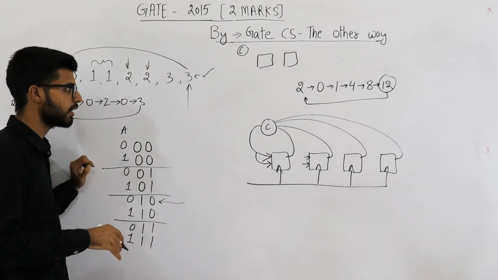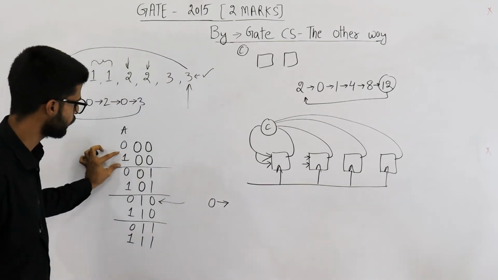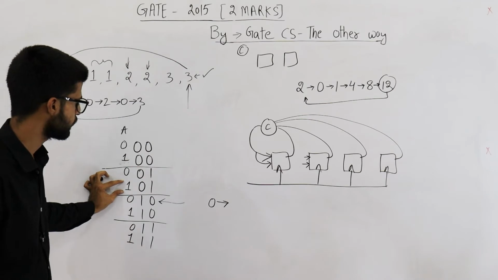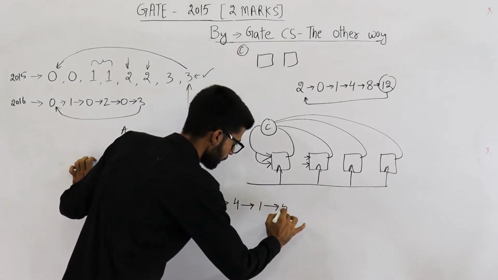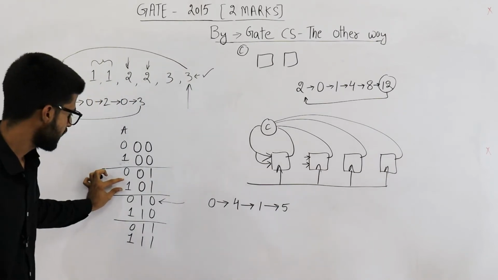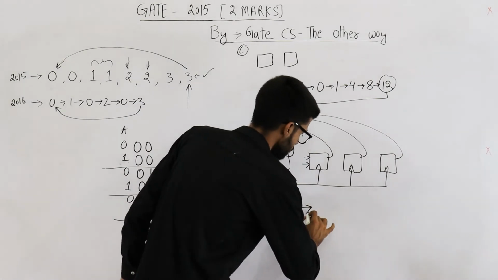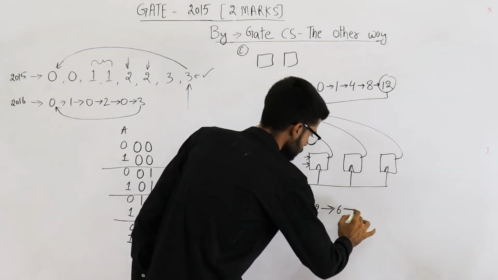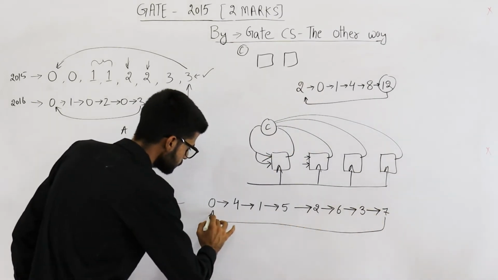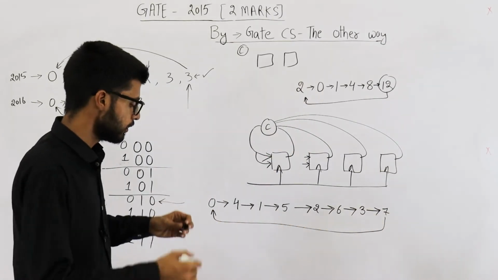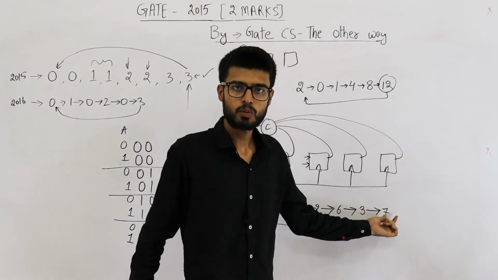The counter that we are now designing, its counting sequence is 0, 4, 1, 5, 2, 6, 3, 7. Just design this counter.